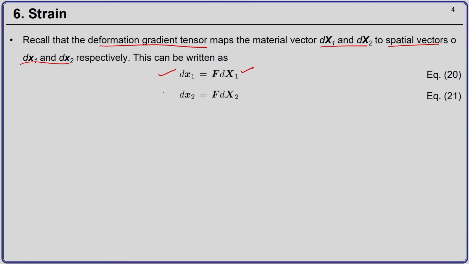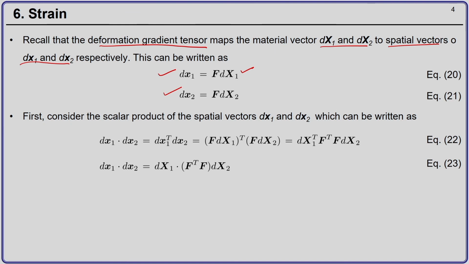Similarly, the spatial vector dx2 is the deformation gradient tensor F times material vector dx2. Now we consider the scalar product of the spatial vectors, dx1 dot dx2. We want to see how this scalar product changes, and whether we can express it in terms of the deformation gradient tensor and the material vectors.